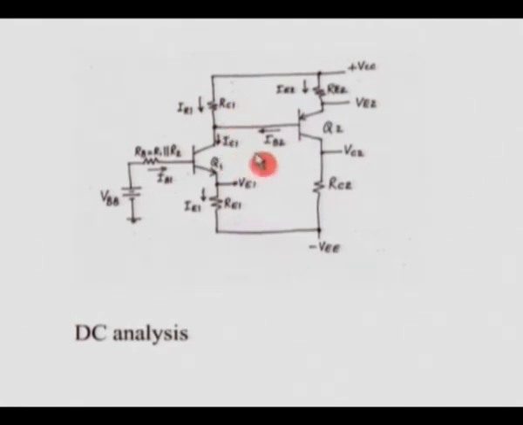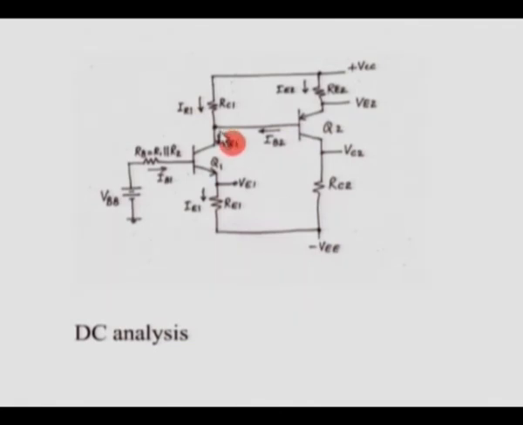So now we have expressions for both IR1 and IB2 involving IC1. We know the value of IC1 because we calculated IB1. So from this we can solve easily for VC1, which is the collector voltage.